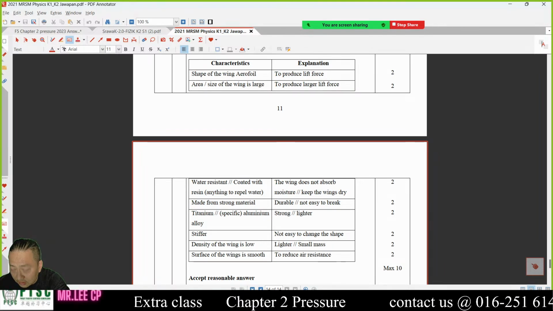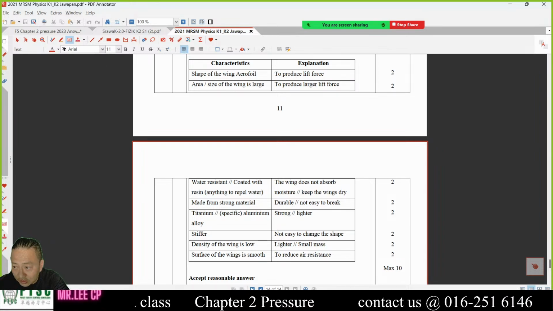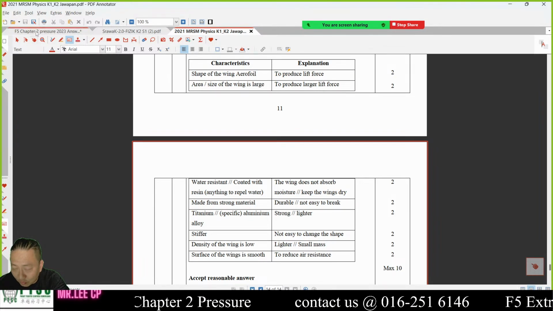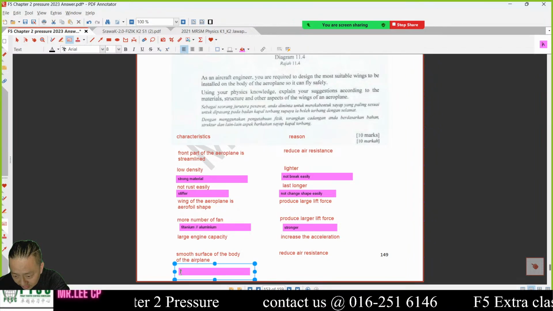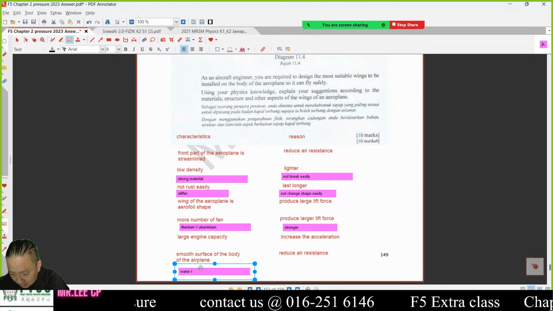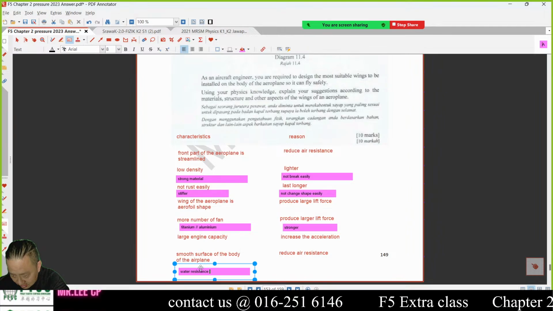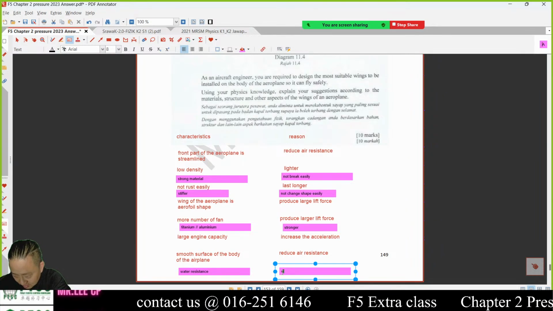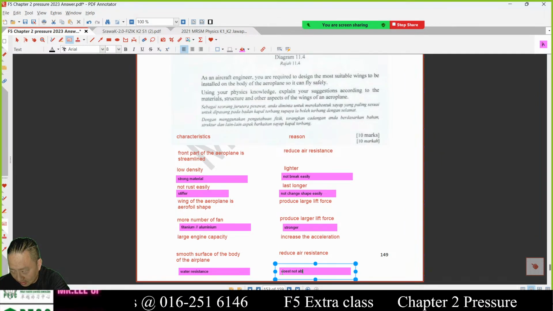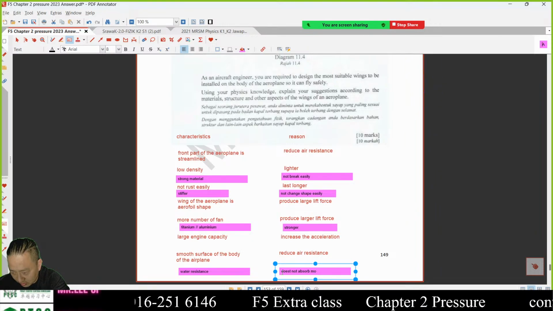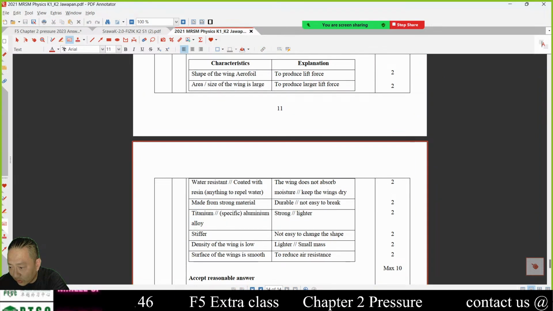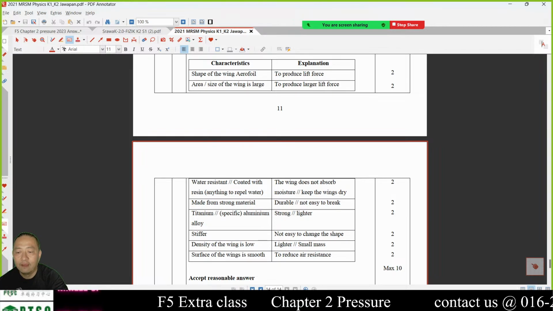Larger wing produces lift force already. Water resistant, does not absorb moisture. So I add in water resistance, does not absorb moisture. This is what they have.